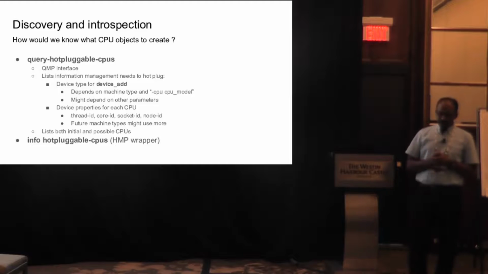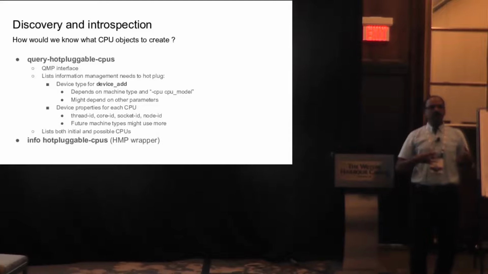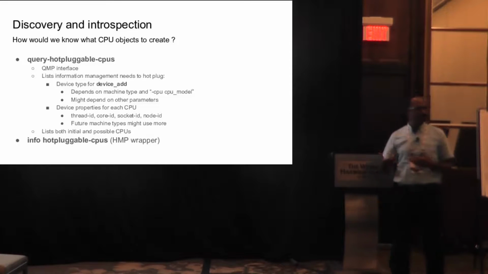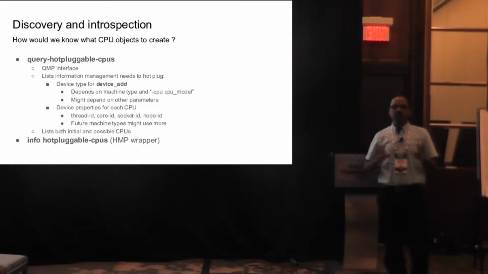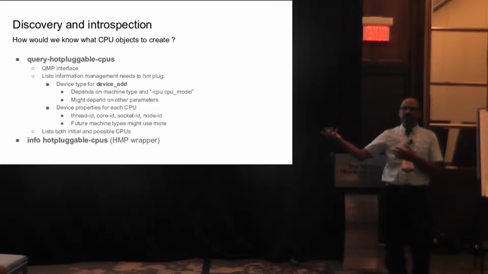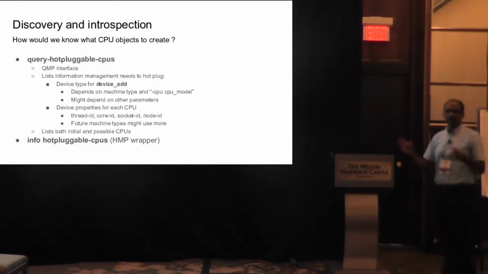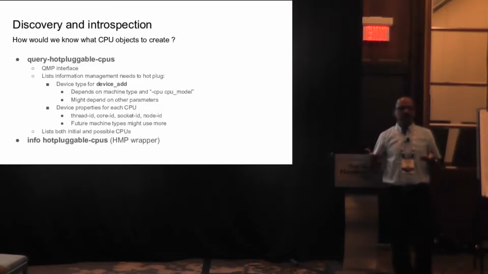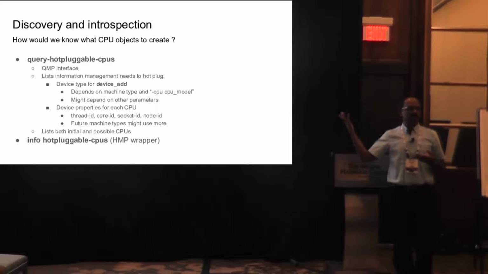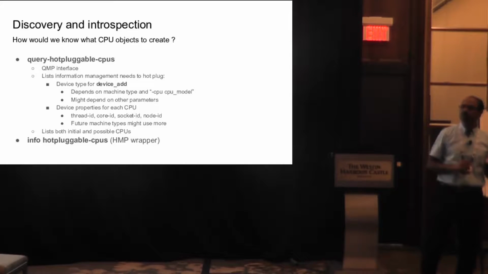There were even suggestions that the hot plug implementation itself should have this introspection mechanism built in for CPU objects, probably using QEMU link properties, so that it becomes easier to export them and provide the information to the management applications. While we were going round and round discussing how to do this QEMU link based introspection mechanism, we even had a couple of implementations to figure out how exactly it would look.